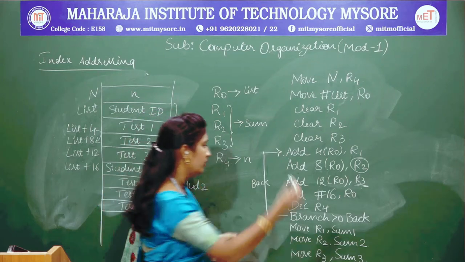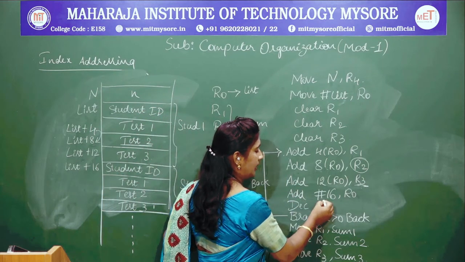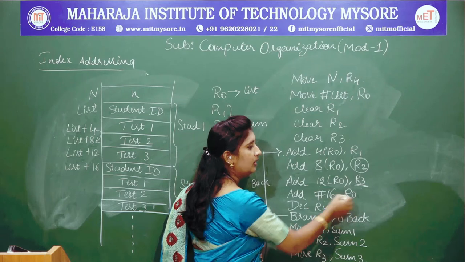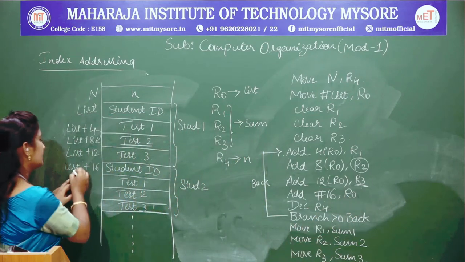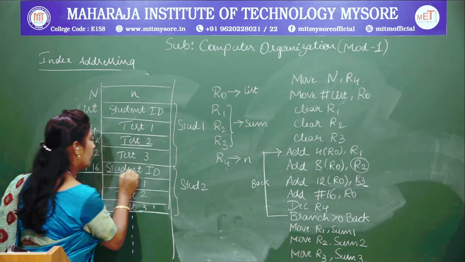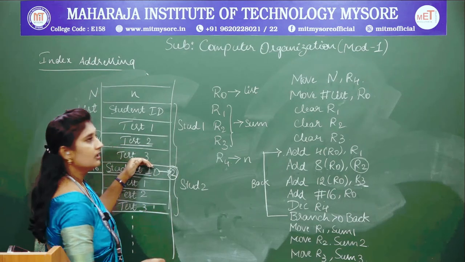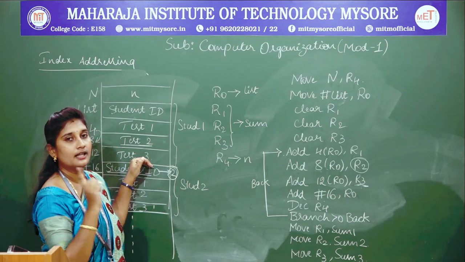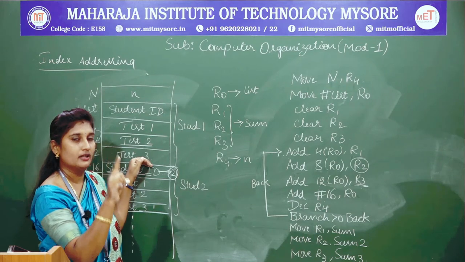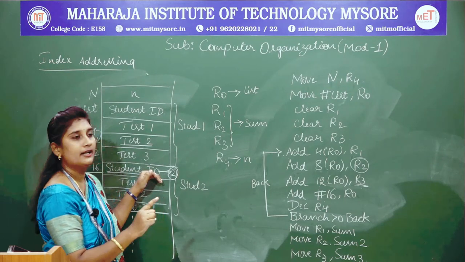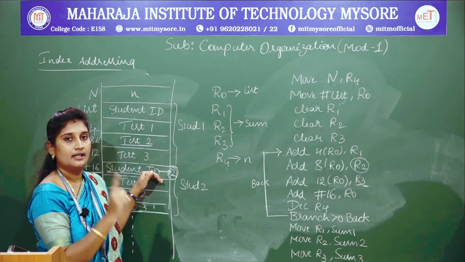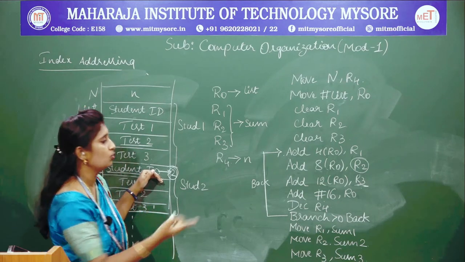So what I will be doing is add hash 16 comma R0. Add hash 16 will move to my second student. Fine. Till here we had found the test marks of one student. Now I am going to calculate the test marks of my second student.